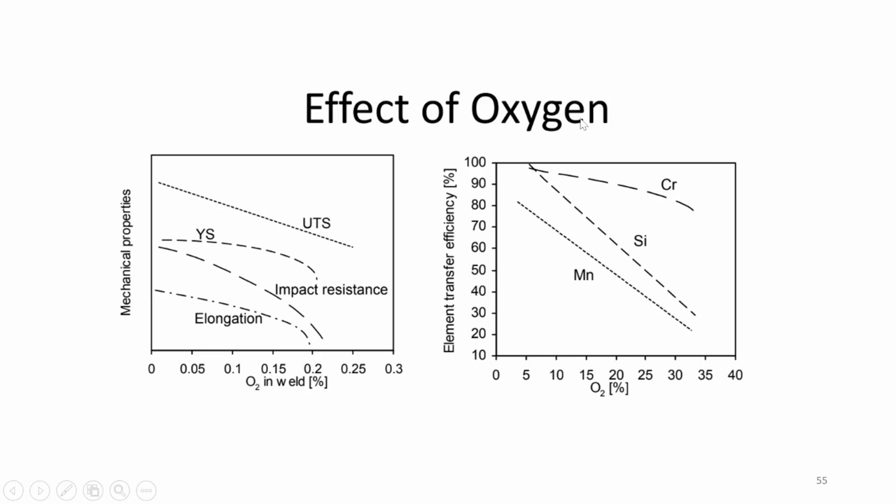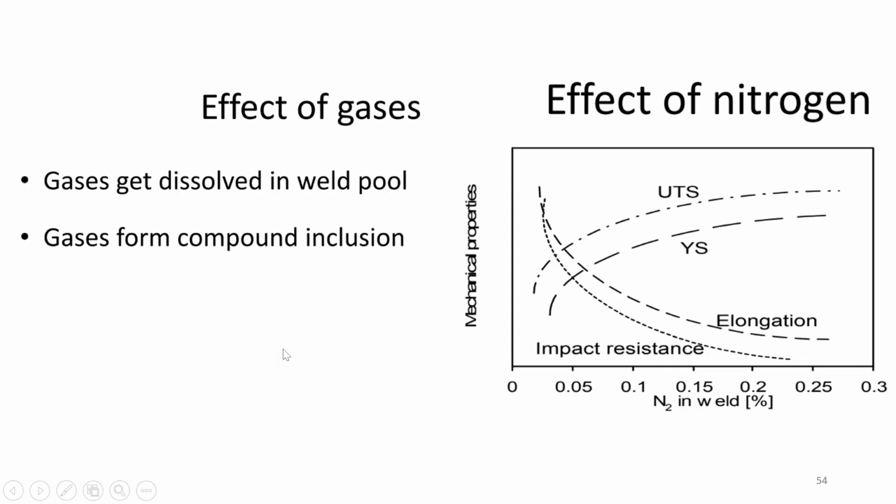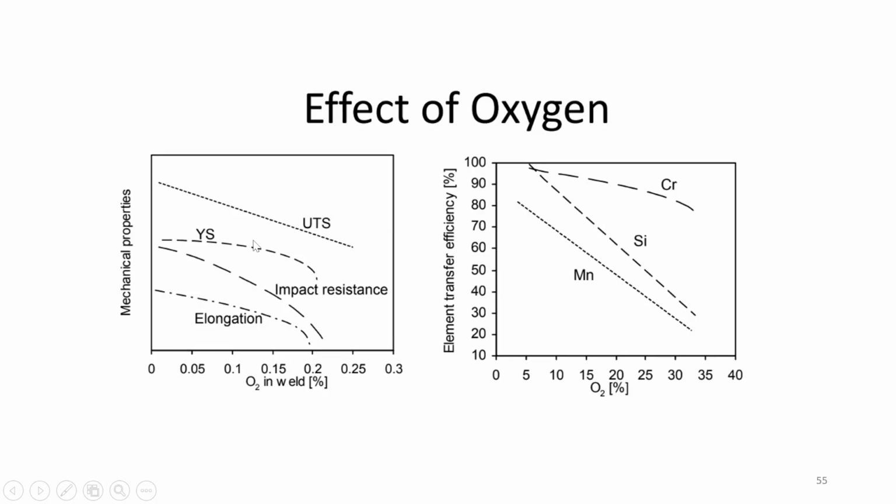In the case of oxygen, you have deterioration in all these properties, while in the case of nitrogen you had some increase in UTS and yield strength. Here UTS and yield strength also reduce, and impact resistance and elongation also reduce with increase in oxygen concentration.